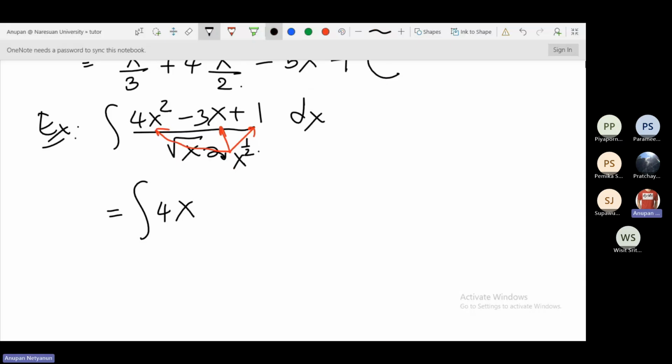When you have division and you have the same base, you subtract the power. So you have 2 minus 1/2, and 2 is 4 over 2, so 4 over 2 minus 1/2 gives you 3 over 2.